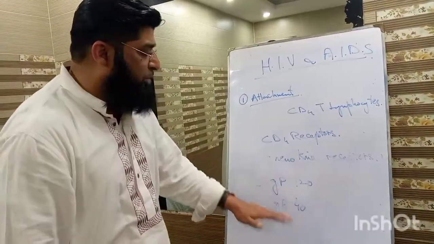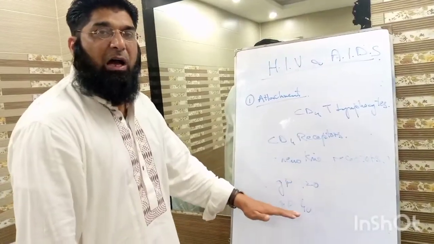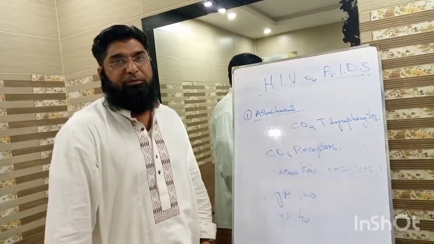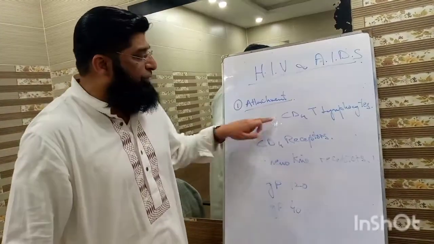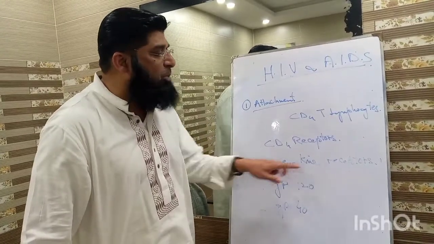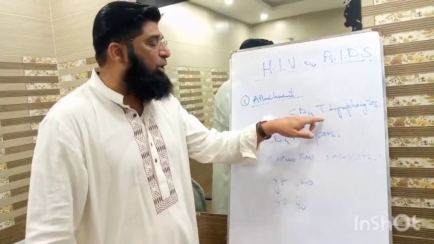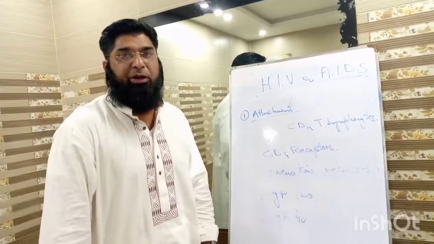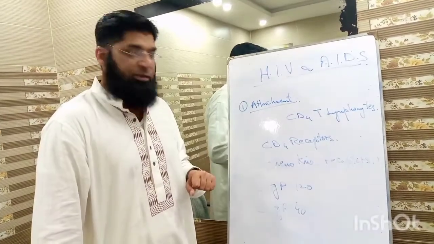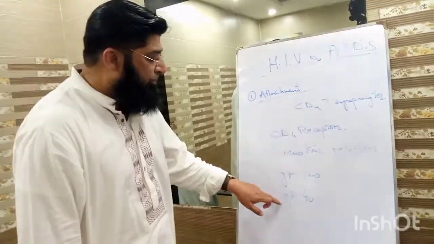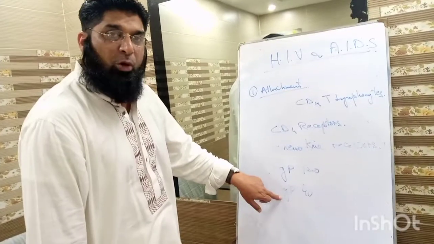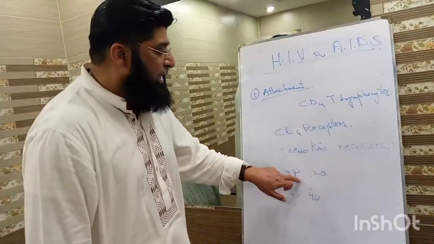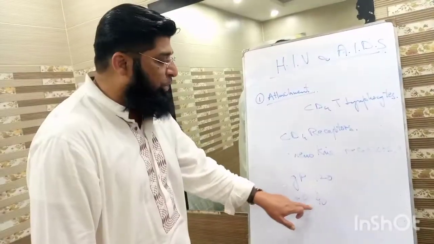Students, these two types of proteins are located on the envelope of the virus. CD4 receptors and chemokine receptors are located on the CD4 T lymphocytes. They have very high affinity for HIV virus, and these two envelope proteins located on the outermost surface of the HIV virus, that is protein 120 and protein 41.